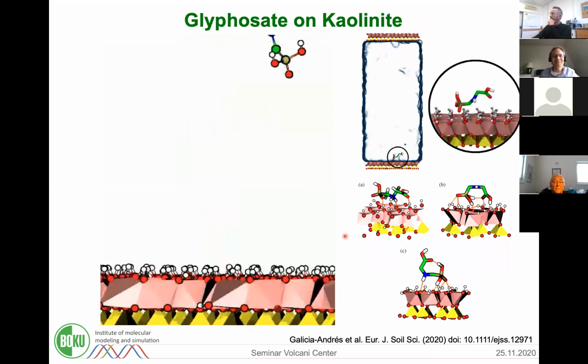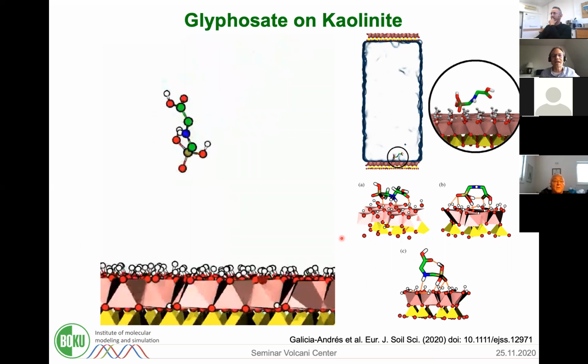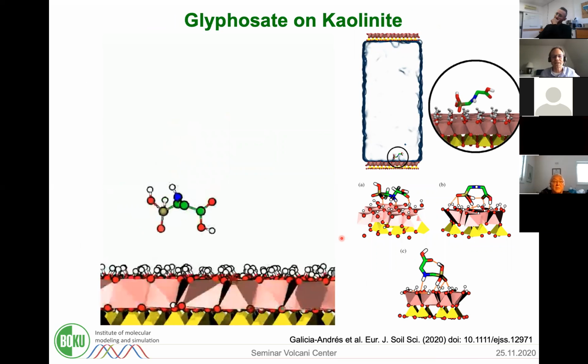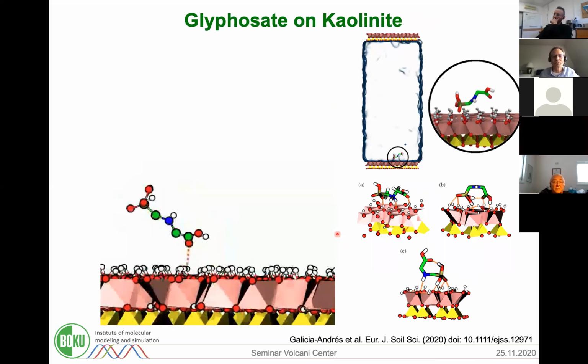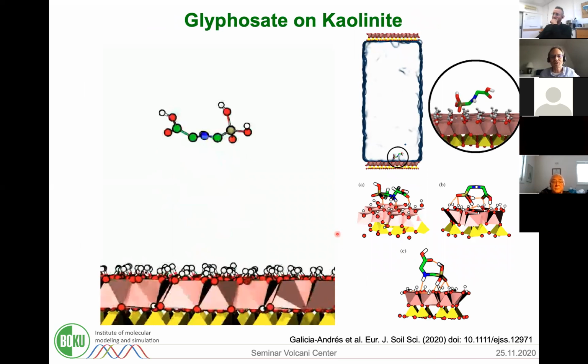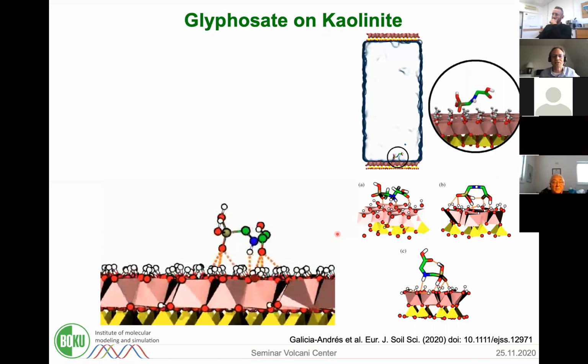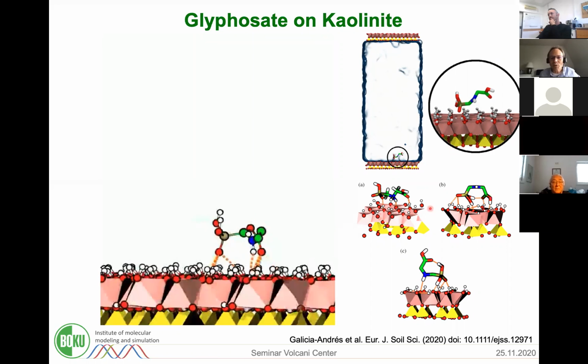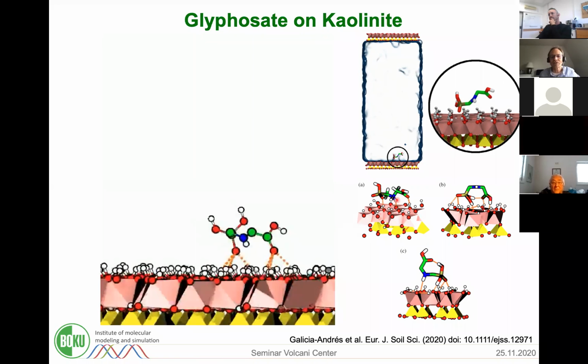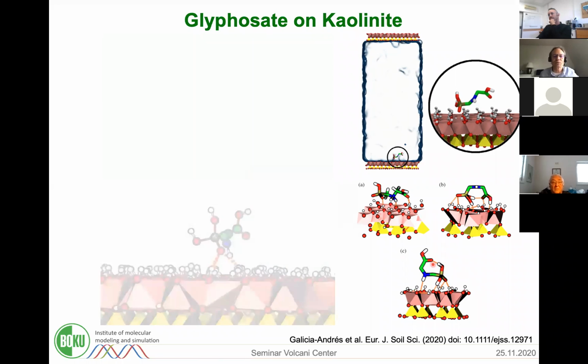What we're looking at here first is the interaction of organic molecules on a kaolinite mineral surface. So we can see how they interact with each other. The glyphosate molecule dances around, basically. And we can monitor again what kind of interactions we see, what kind of hydrogen bonds we see.